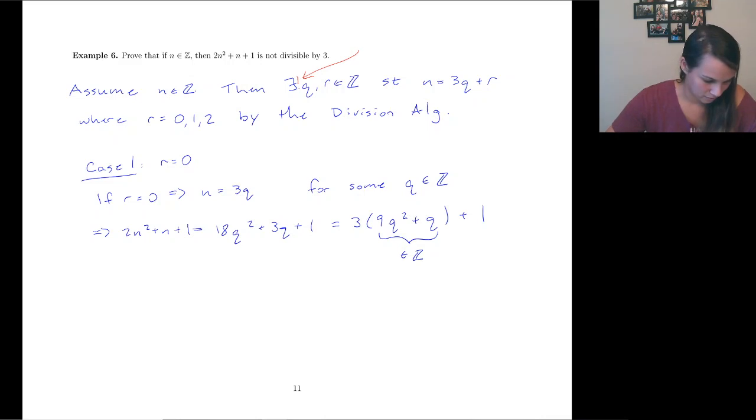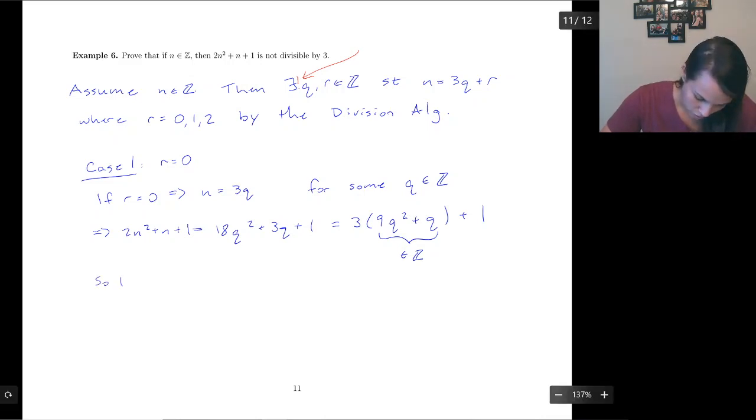So I could say, if we divide 2n squared plus n plus 1 by 3, we get a remainder of 1.